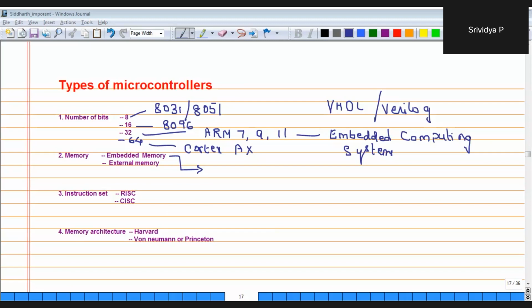Next one is based on the instruction set. Based on the instruction set, the microcontroller can be classified as RISC and CISC. RISC stands for Reduced Instruction Set Computer and CISC stands for Complex Instruction Set Computer.